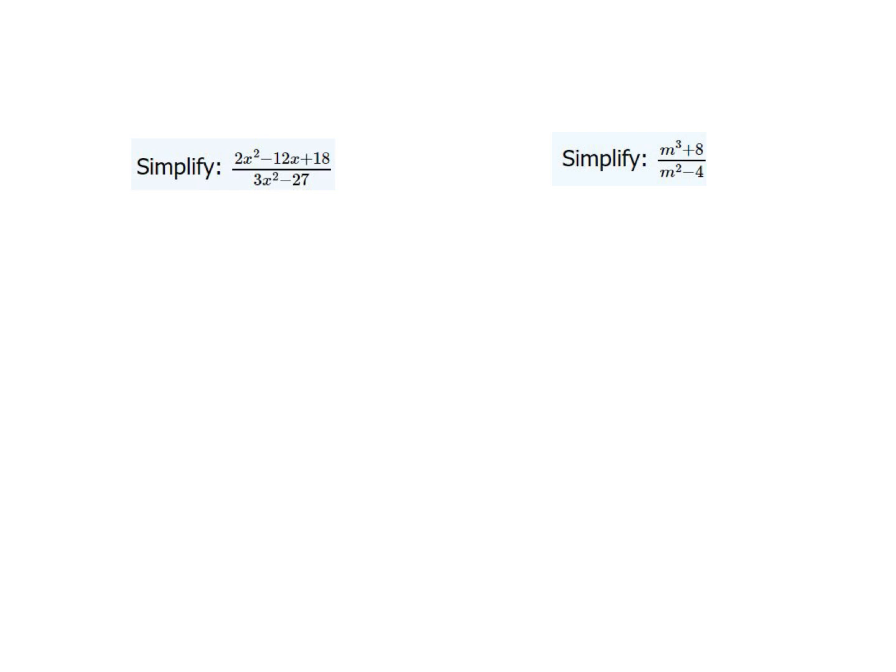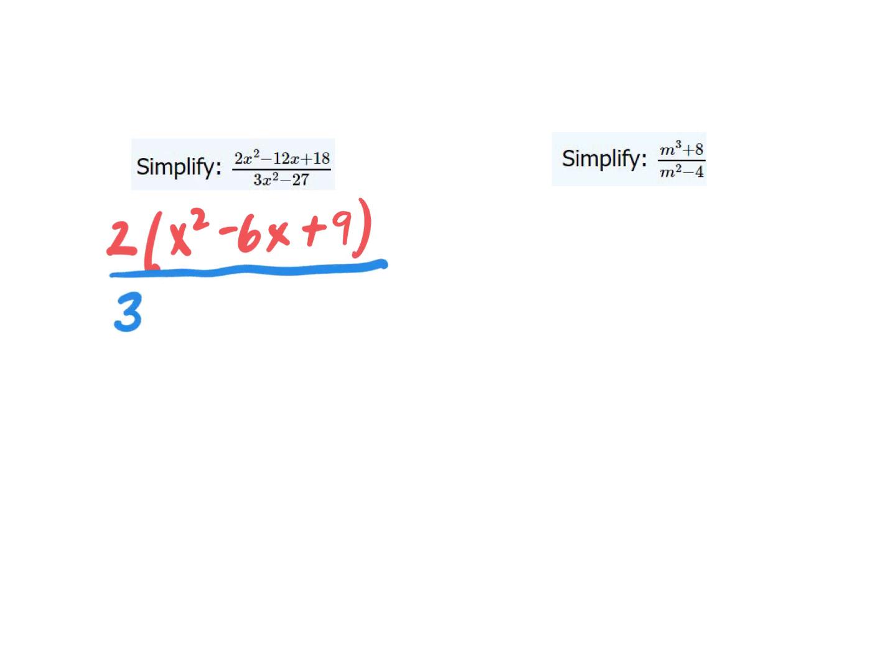Looking at the first problem, if we look at the numerator, I do notice that there is a GCF of 2. And so I'm going to factor out a 2. That'll leave me with x squared minus 6x plus 9. If I look at the denominator, I'm going to start with the GCF, then it's going to leave me with x squared minus 9.